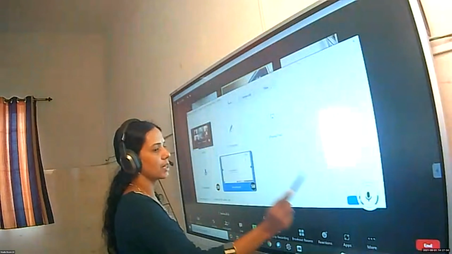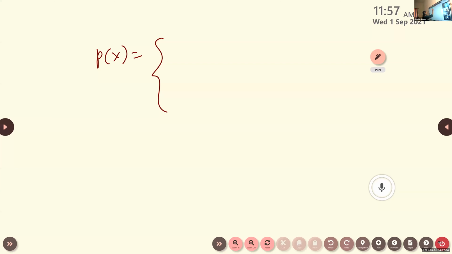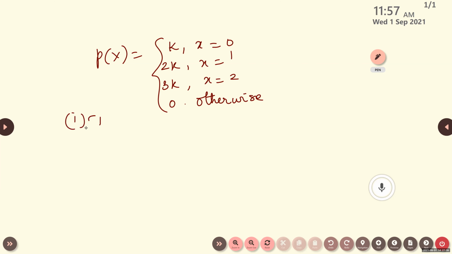Here the function is given as p of x is equal to k if x is equal to 0, 2k if x is equal to 1, 3k if x is equal to 2, and 0 otherwise. First, you have to determine k.